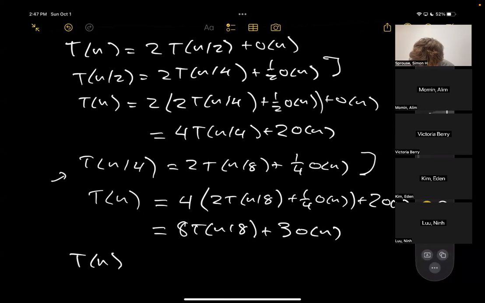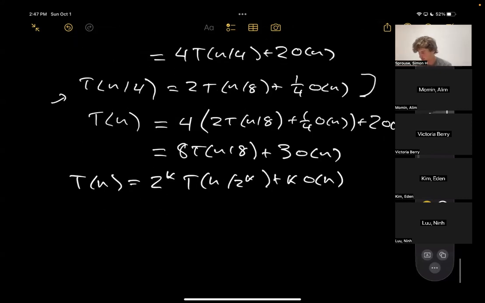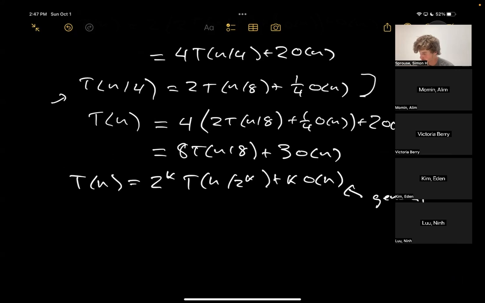So the pattern that's starting to form is we've got this general case. Okay, so this seems to be the formula that we were looking to derive. So let's say it's kind of like our general formula.